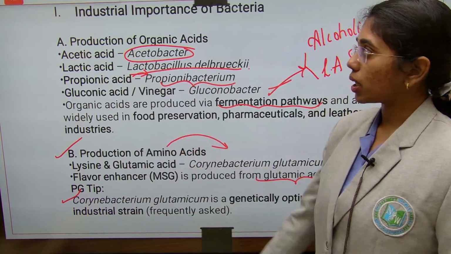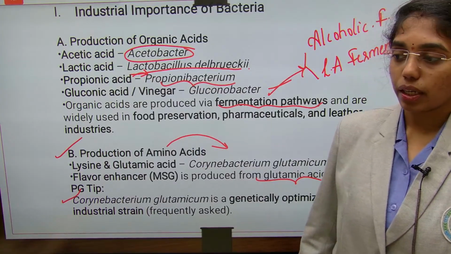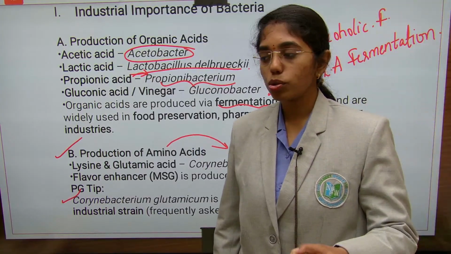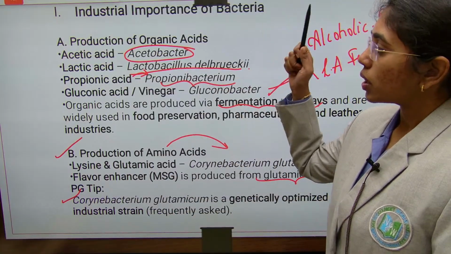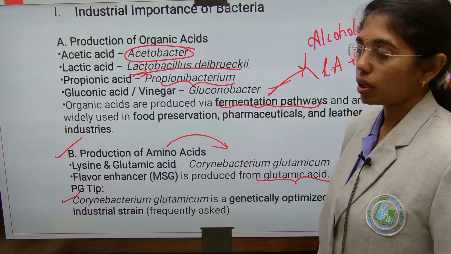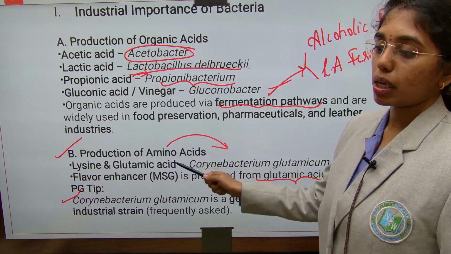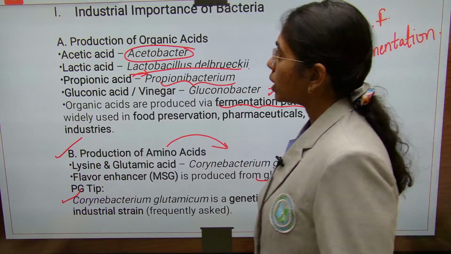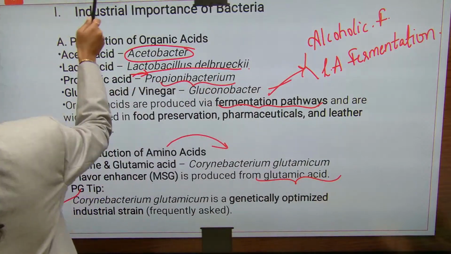But when it comes to the industrial importance of bacteria, just the examples and the use of that particular bacteria are important, which is a purely memory based concept. The more you revise, the more you will benefit.